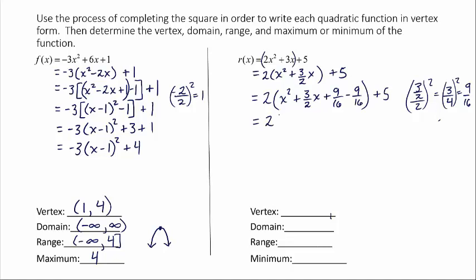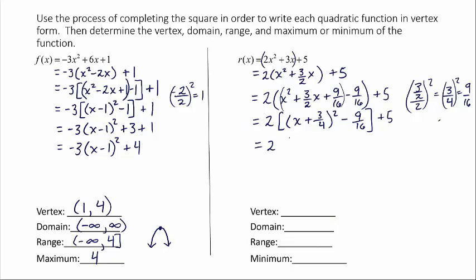Now, bring out the other style of parentheses here. I've got to factor just this piece in here, right? So the square root of 9/16 is 3/4, right? So I'm going to have x plus 3/4, squared, minus 9/16 inside the parentheses, plus 5.